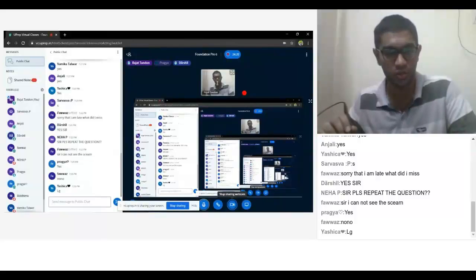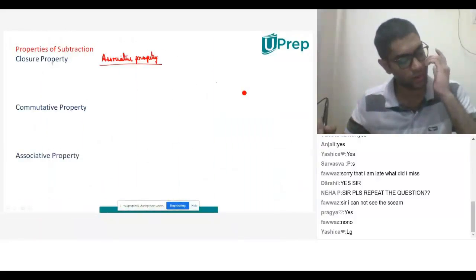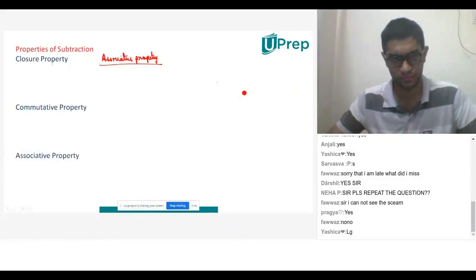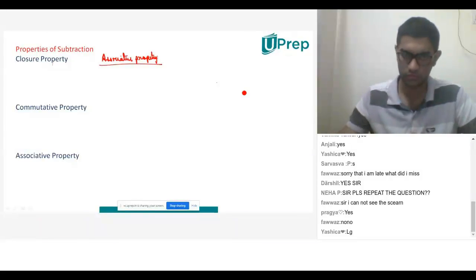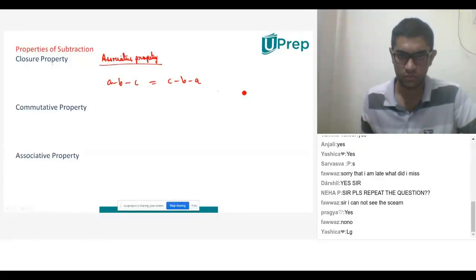So, Pragya, you wanted to speak. What is the associative property of subtraction? The associative property of subtraction is if A minus B minus C is equal to C minus B minus A. That is the associative property.